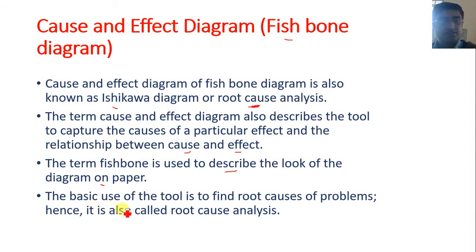The basic use of the tool is to find the root causes of various problems. Hence it is also called root cause analysis. This is done with the help of the cause and effect diagram, or the fishbone diagram, which is the third tool of quality control.